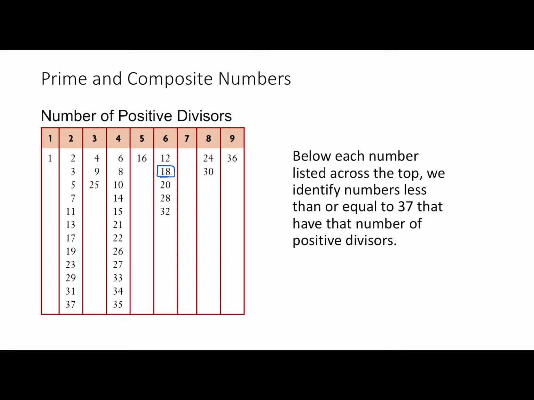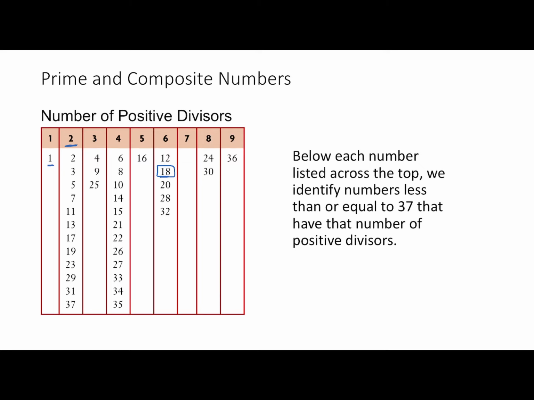So 1 is the only number that's going to go in the 1 column. Its only divisor is itself, 1. Any other number is going to have at least 2 divisors, itself and 1. So the numbers in column 2 have 2 divisors, exactly itself and 1.